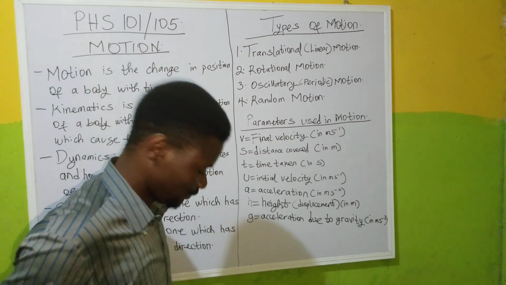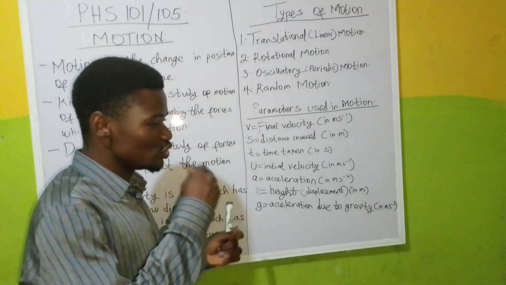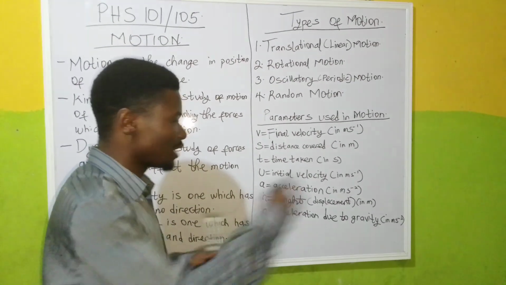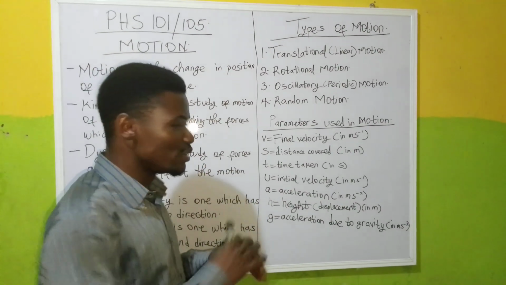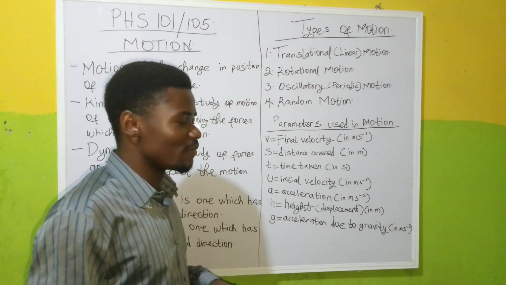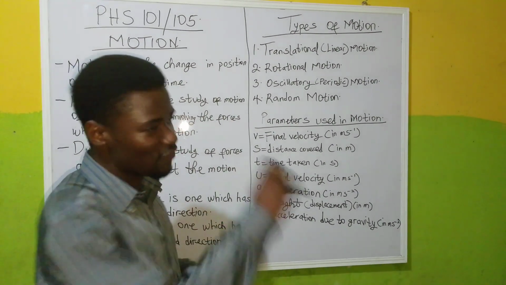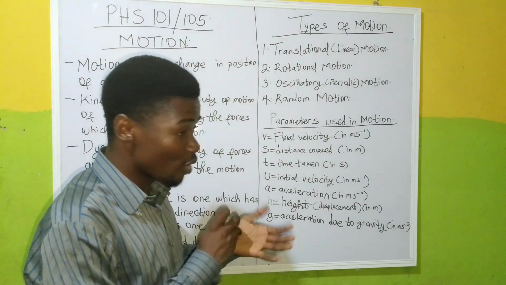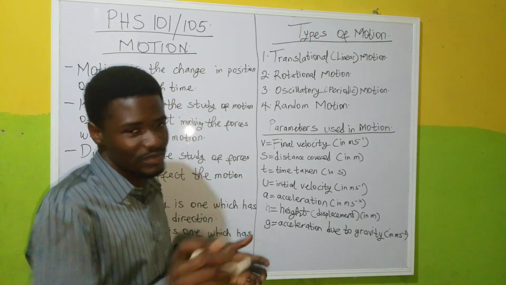What is distance covered? Distance covered basically is when you move from a particular point to another point without considering the direction. So when you move, let's say for example, you are traveling. You start your journey from a particular location, let's say from a point A to a point B, 100 meters.